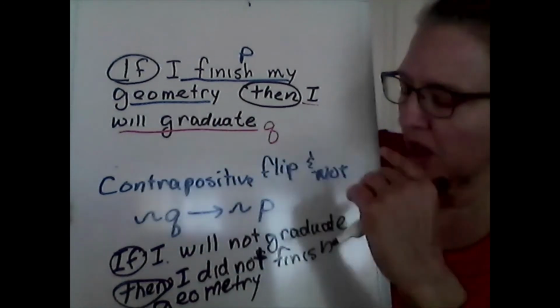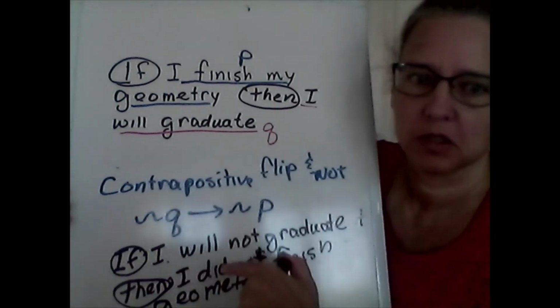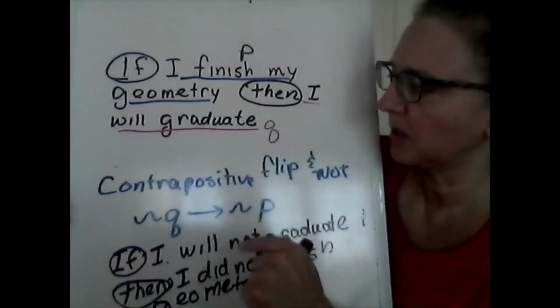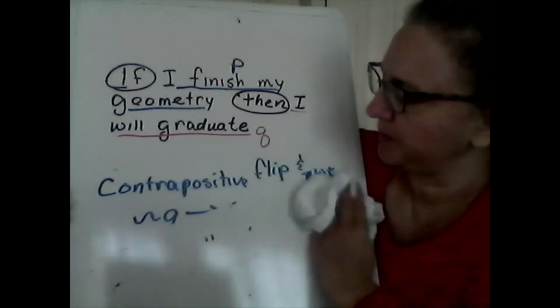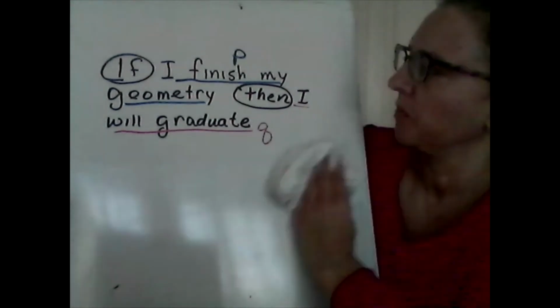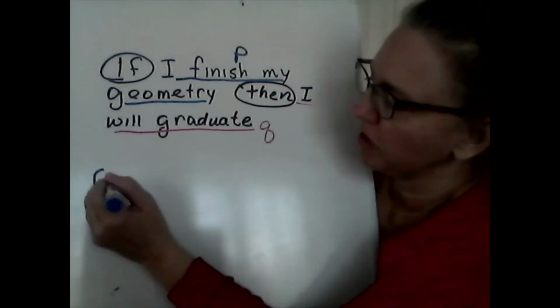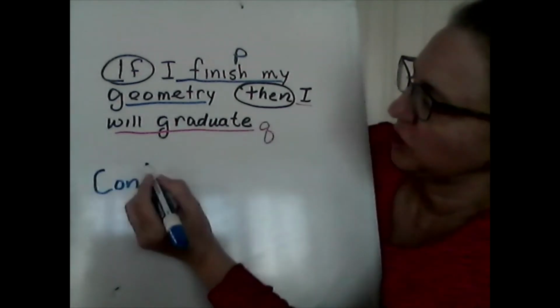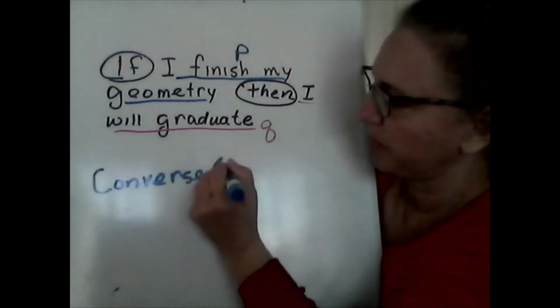So every conditional, all of these statements will have the two parts. Make sure you put both the parts in them. It's just what order you put them in. Okay. We have the converse, which is a flip.